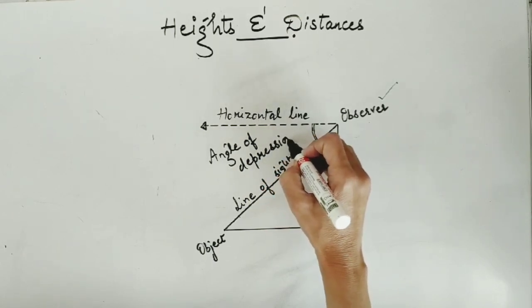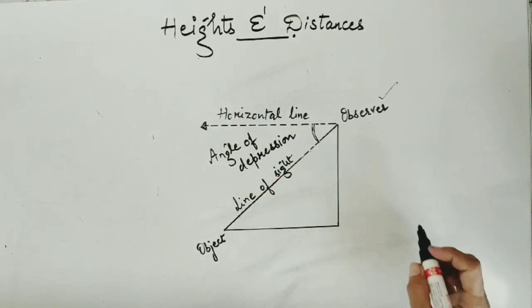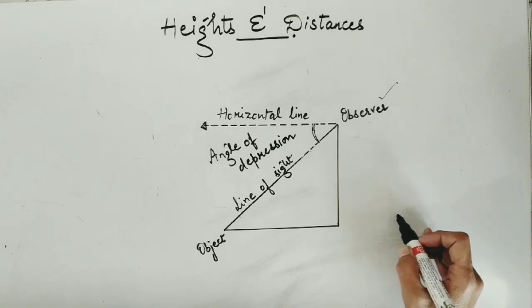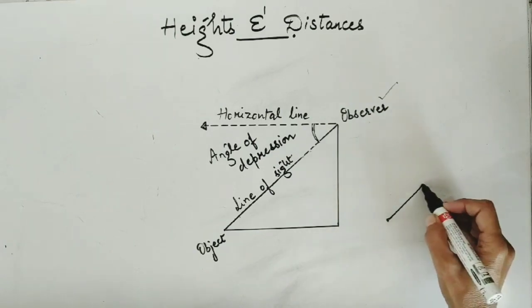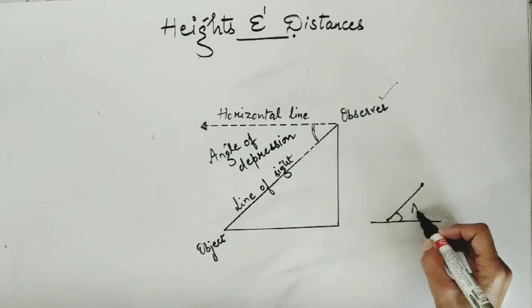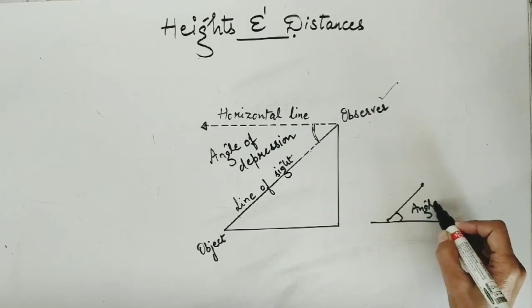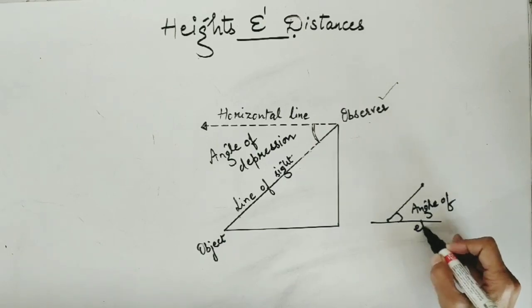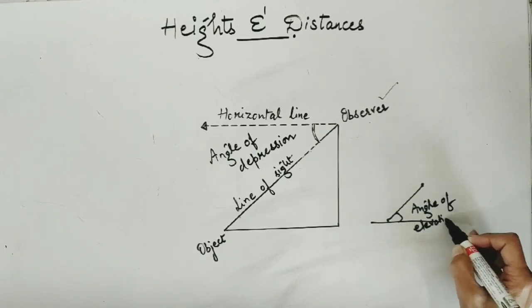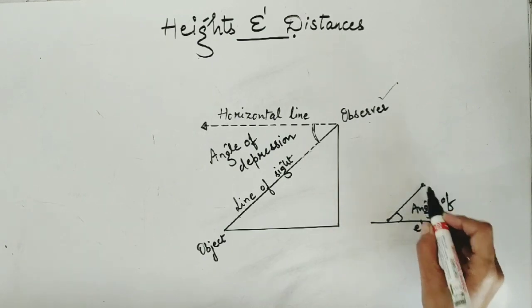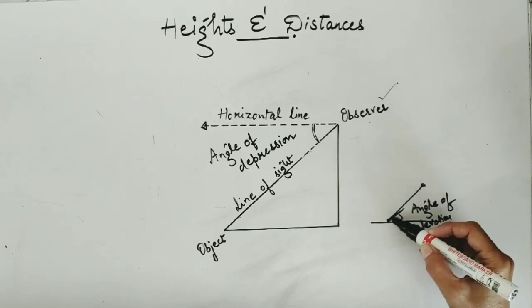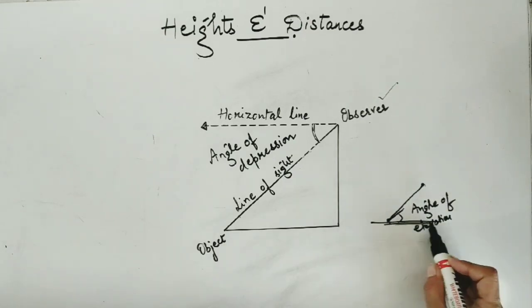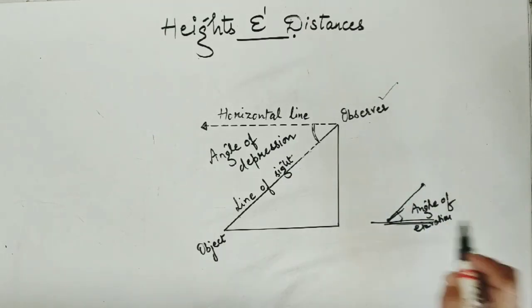Now you can remember it this way: when the observer has to look up, then the angle of elevation is formed. When the observer is looking up, the angle formed between the line of sight and the horizontal is called angle of elevation.